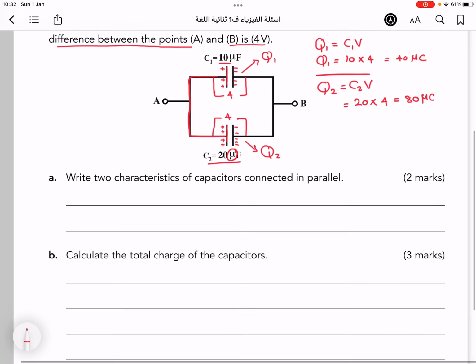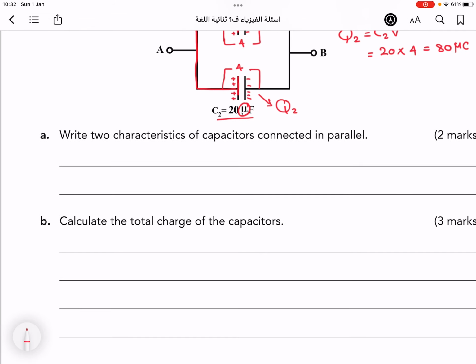Therefore, the total charge is Q total, which is Q1 plus Q2. It will be 40 plus 80. The total charge is 120 microcoulombs.